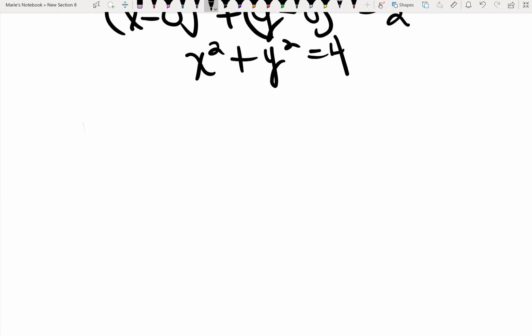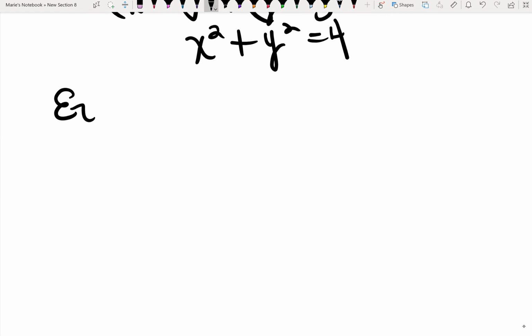It's that simple. Okay, in example 4, the center of the circle is no longer 0, 0. The center is going to be a different coordinate pair.